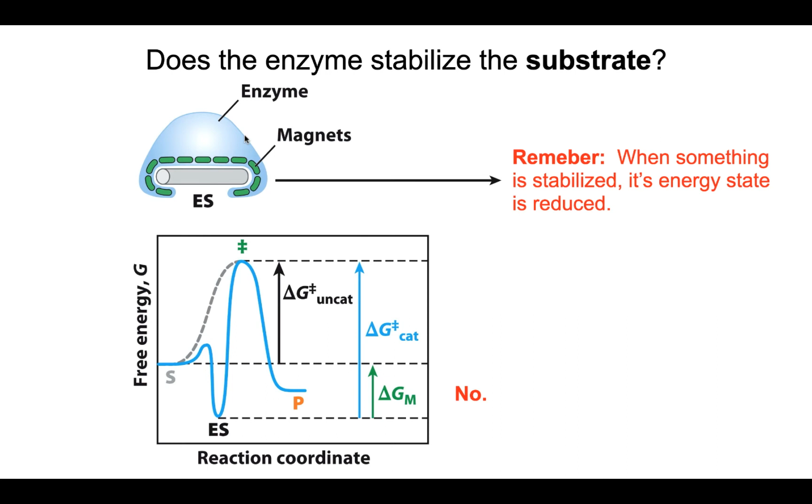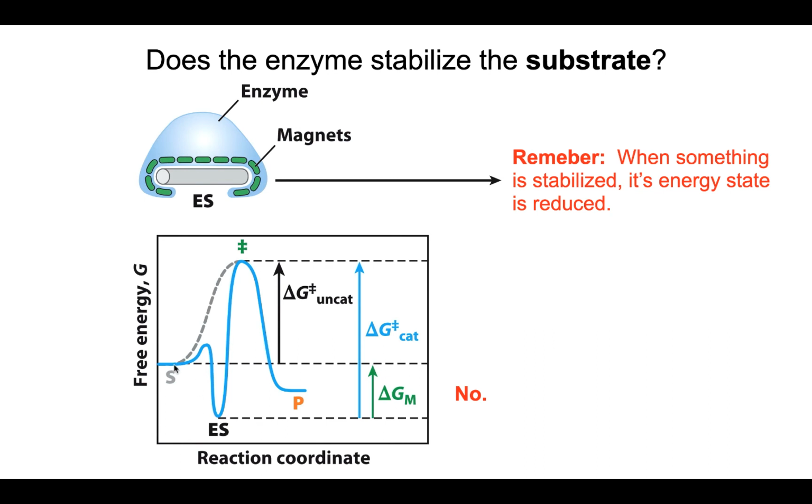So if we take a look at our reaction now in the presence of this fake enzyme that stabilizes the metal rod itself, we have this. Instead of making it easier to reach that transition state, that bent state, we make it harder. We're stabilizing the substrate. So here's our enzyme-substrate complex, which is stabilizing the substrate, meaning that it's even lower in energy than the substrate itself.